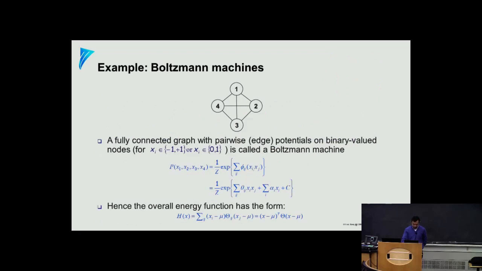Okay, let's see, what else? Some examples. So here is a Boltzmann machine. You have 4 nodes, and they are all pairwise connected. And then all you need to do is to provide a bunch of so-called pairwise potentials, and also singleton potentials.